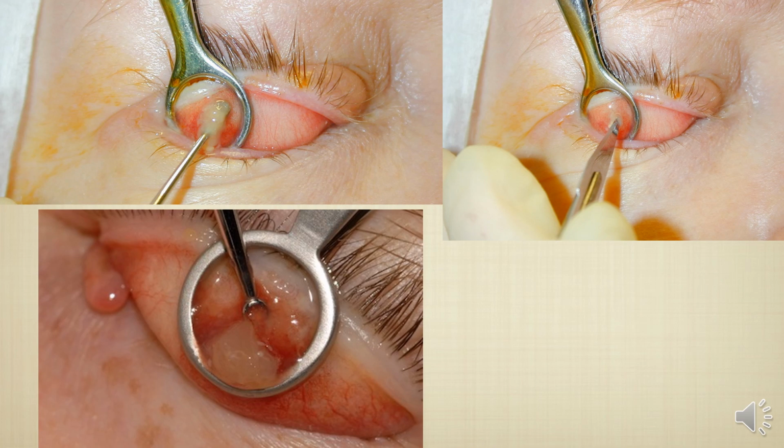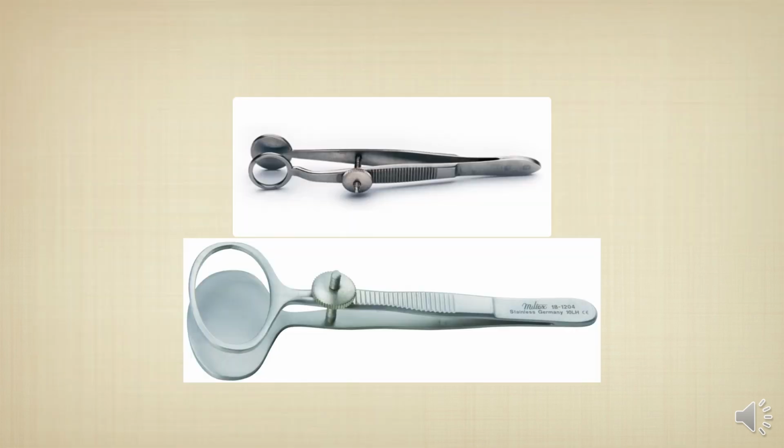The contents are scraped with a chalazion spoon. These are examples of the chalazion forceps used during the surgery. It helps to evert the eyelid, it protects the lid margin, and enables proper hemostasis. Many cases are performed under local infiltration anesthesia.